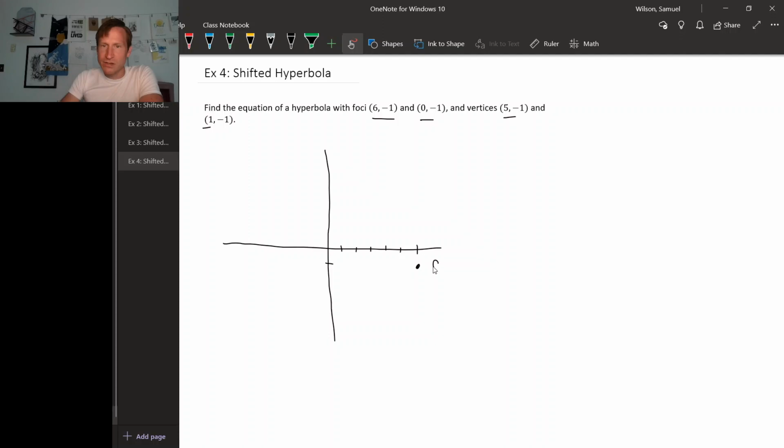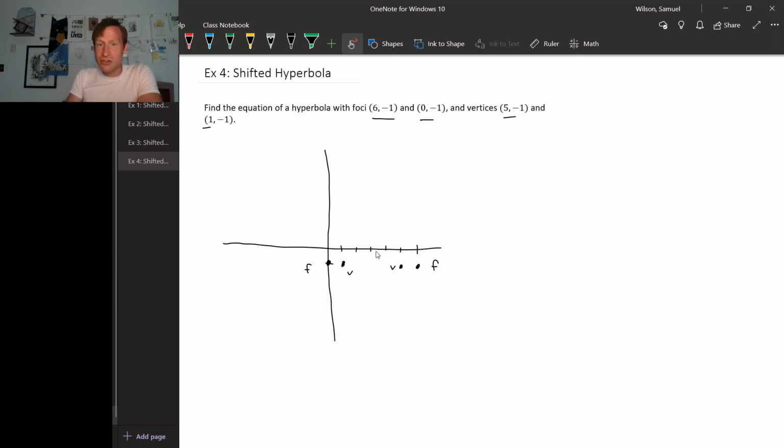So that's a focus. And 0 comma minus 1, right there, that's a focus. Vertices are at 5 comma minus 1, so that's here. It's a vertex. And 1 comma minus 1 here, that's a vertex.